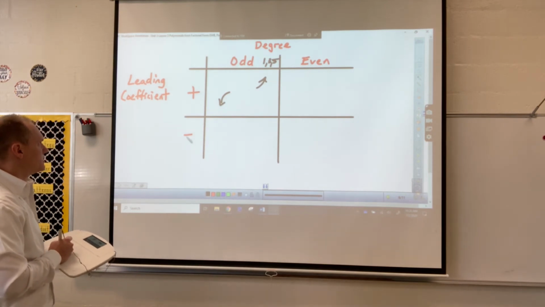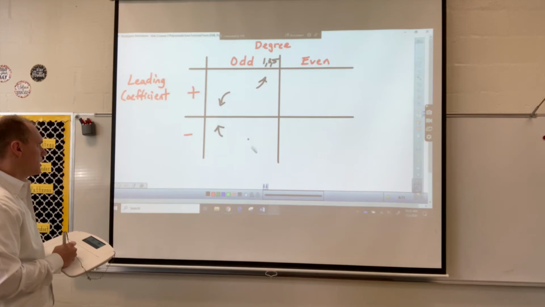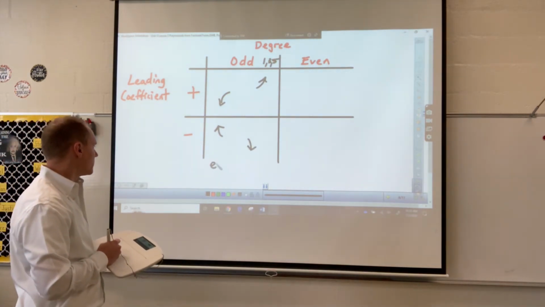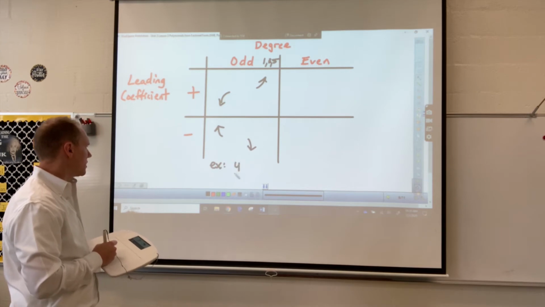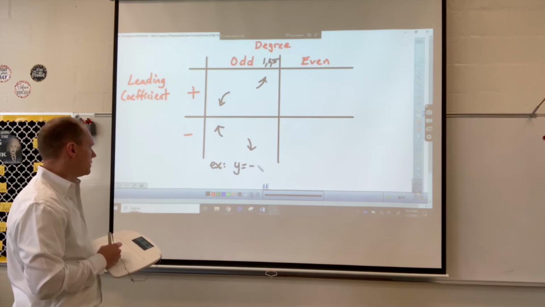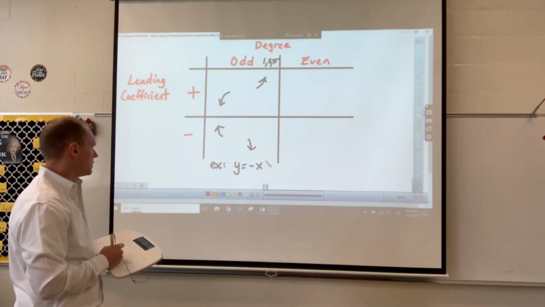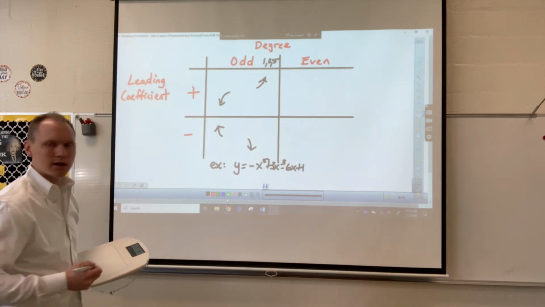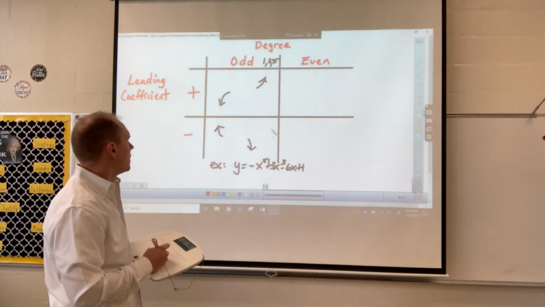However, if it's a negative out in front, it's going to be the opposite, so up to the left and down to the right. For example, this one might be negative x to the 5th plus 3x to the 3rd minus 6x plus 1.